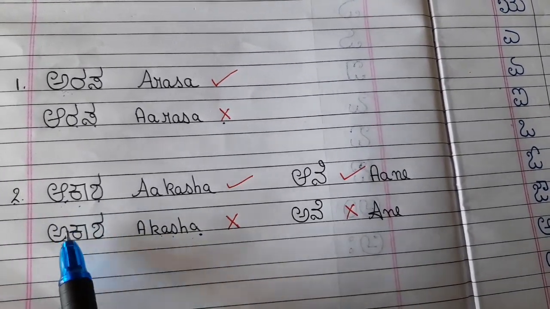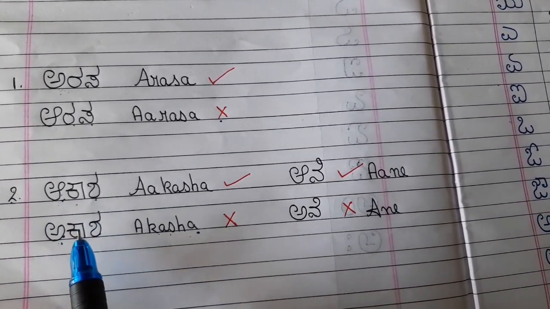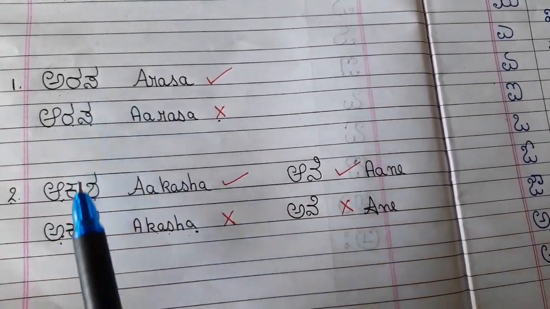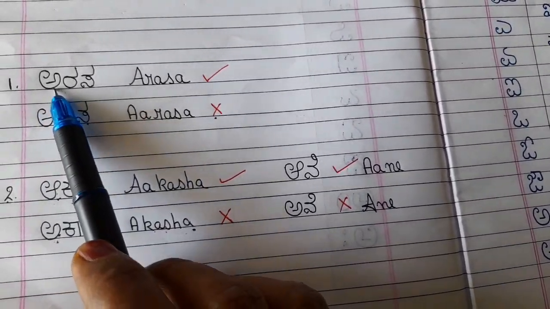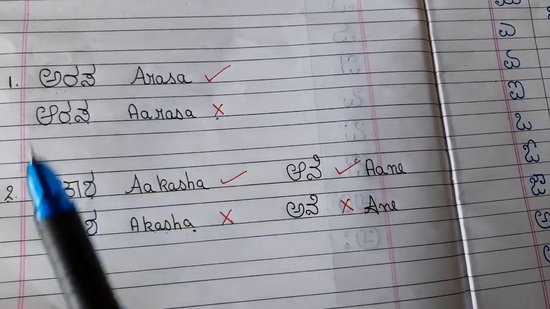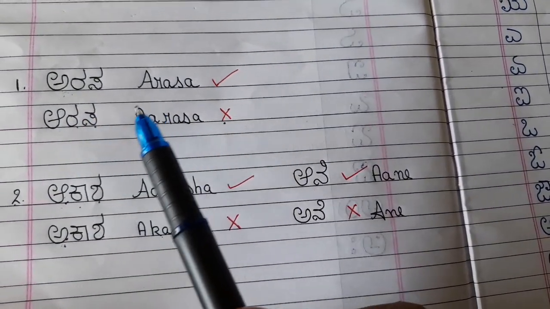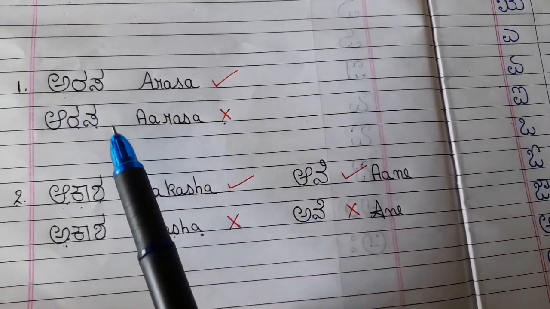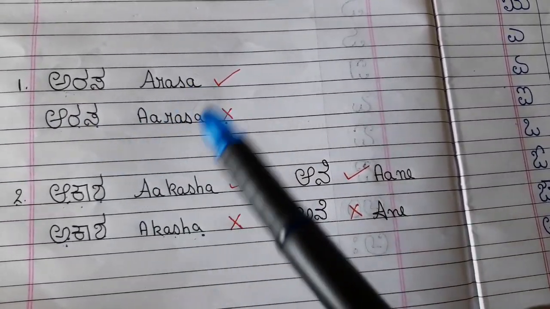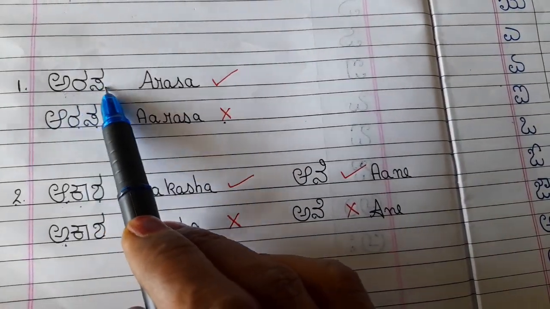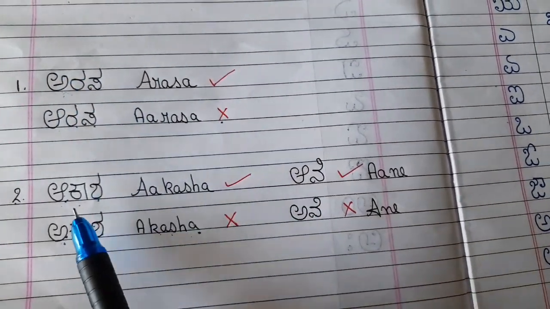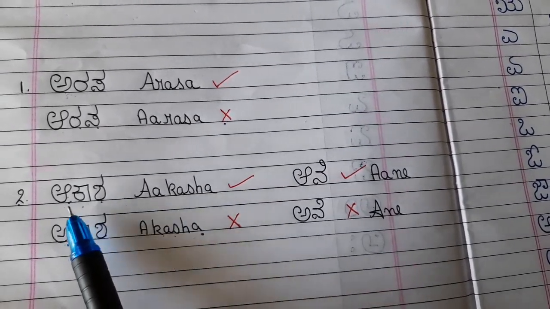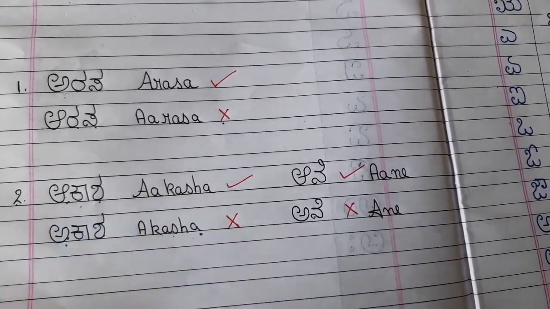The children get confused which a to write. If the children do not pronounce it correctly and study, then they'll have confusion in writing and they'll make a lot of mistakes. So arasa, you should write one a, and akasha, you need to write the other a over here.